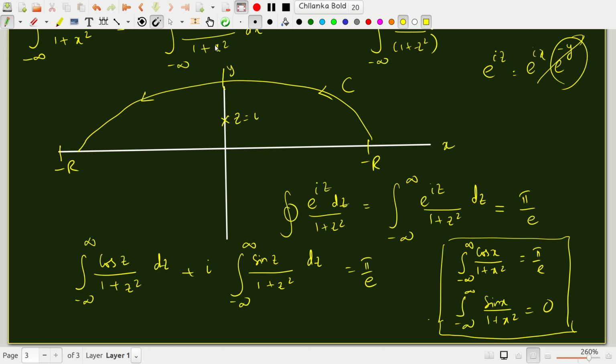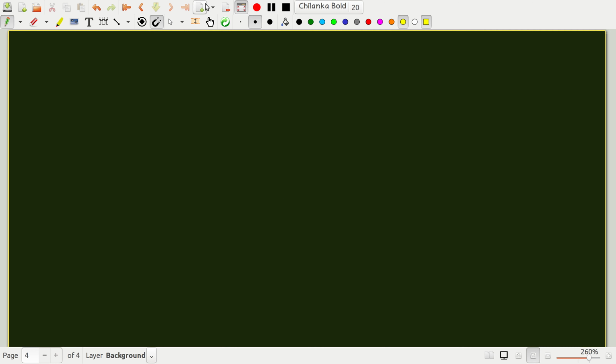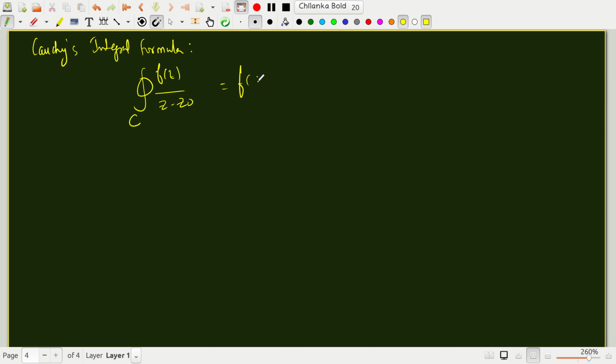Okay, now there is one corollary of the residue theorem which we just showed in the last module. It's called the Cauchy's integral formula. Now that was for a function f of z by z minus z naught, and if f of z is analytic inside C, then this is nothing but f of z naught.